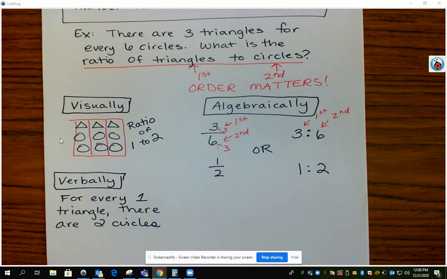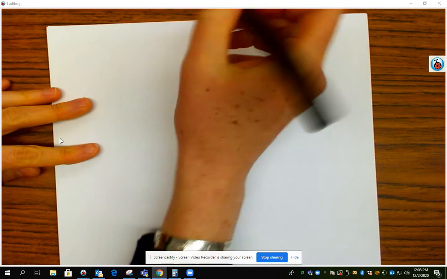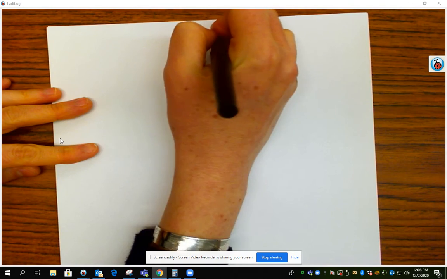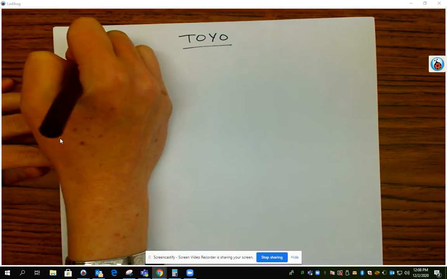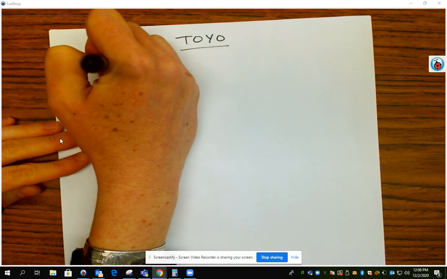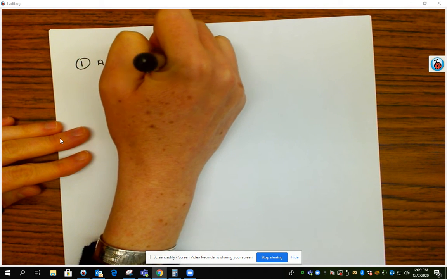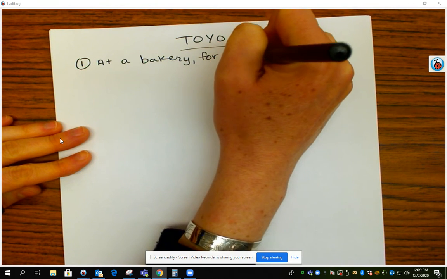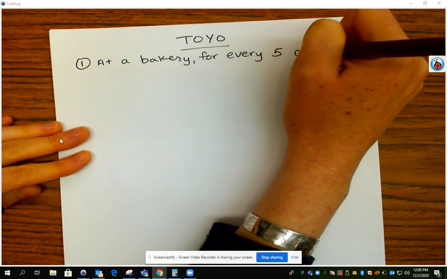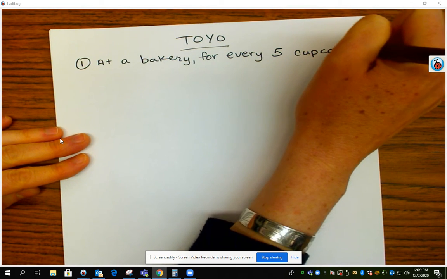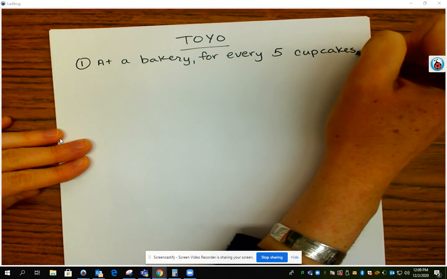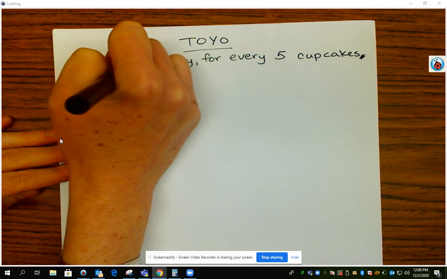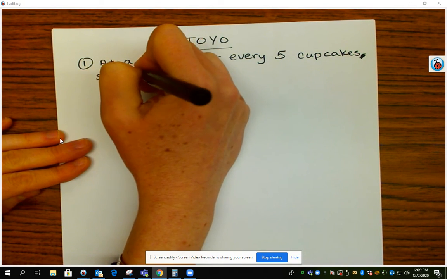Okay, so we're going to try a few examples of working with ratios. I will write them out and then you can try them on your own and then unpause the video and check, okay? So the first one is at a bakery. For every 5 cupcakes sold, there were 8 cookies sold.